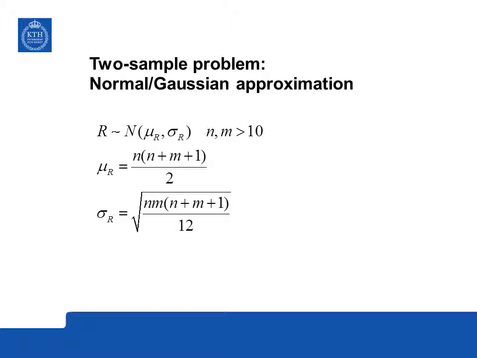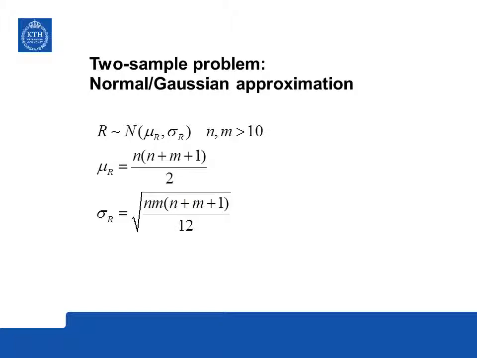The p-values in the Wilcoxon rank sum test are slightly difficult to compute. In the textbook, you will find a recursive method of computing the p-values for arbitrary m and n.